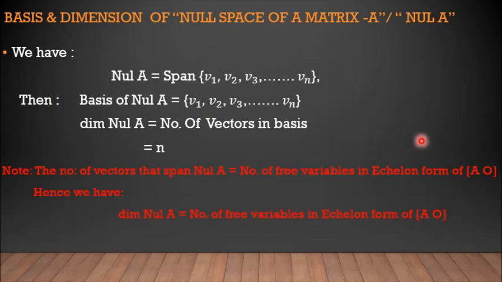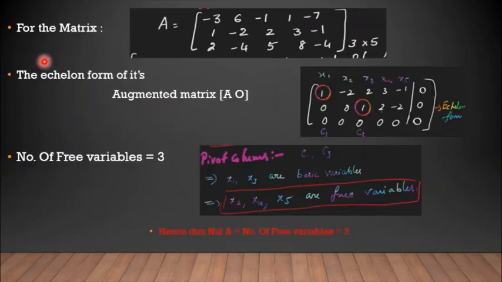Now, let us understand this more by observing the previous example. We have done this same problem previously for this matrix A, a 3 by 5 matrix, which you solved in the previous problem, and we have reduced it to echelon form.